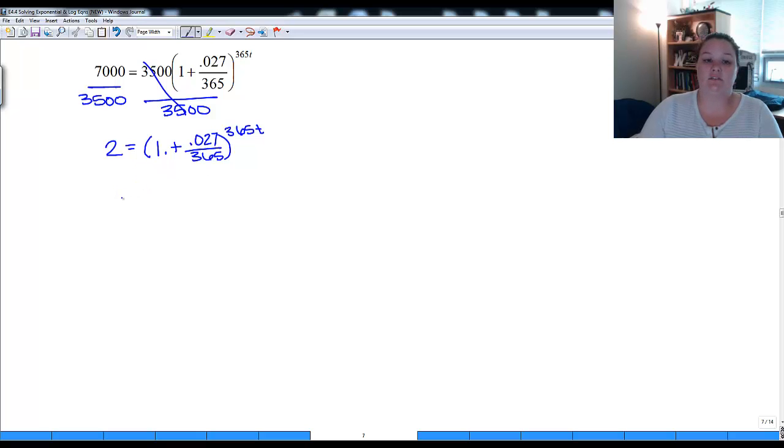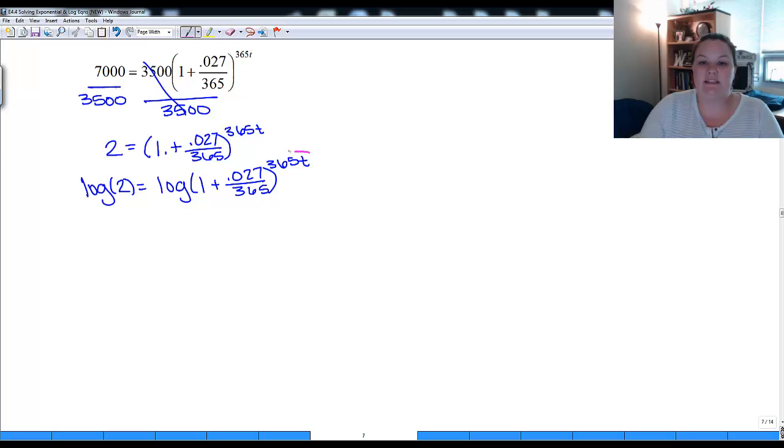And I'm going to take log of both sides. So I have log of 2 is equal to log of 1 plus 0.027 divided by 365 raised to the 365t. And the reason I'm doing that, even though it may not look like I'm making it better, my ultimate goal is to solve for t.